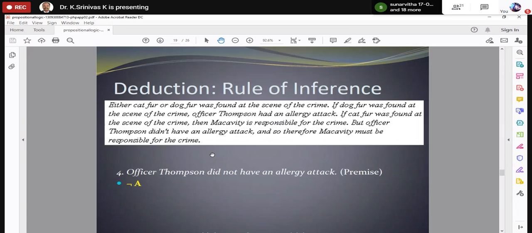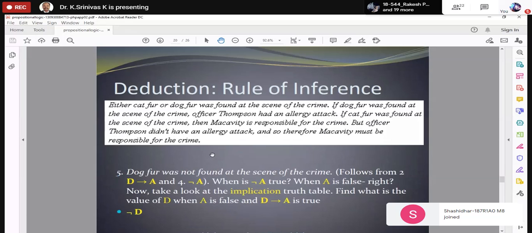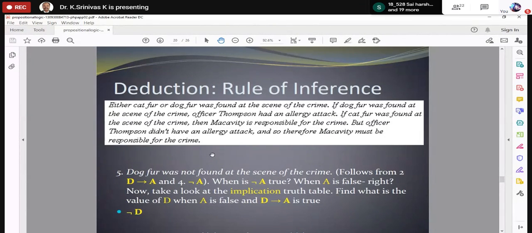Next, I am generating the next rule. Officer Thompson did not have any allergy. So allergy is negated. No allergy means negation of A. Then dog fur was not found at the scene of the crime.